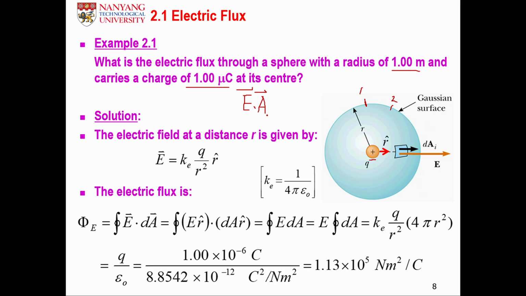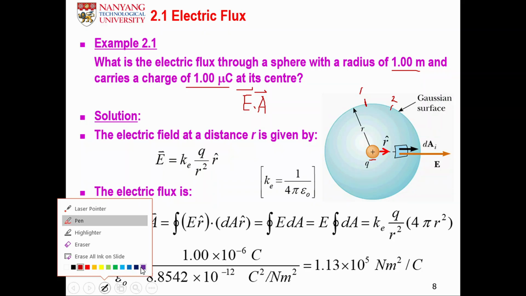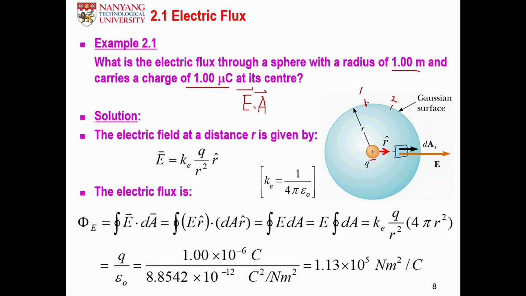Again, for this A, let's say we define a tiny surface here and a tiny surface here. Assume the area of these surfaces is the same. How about the direction of these two surfaces? Are they the same? No, right?